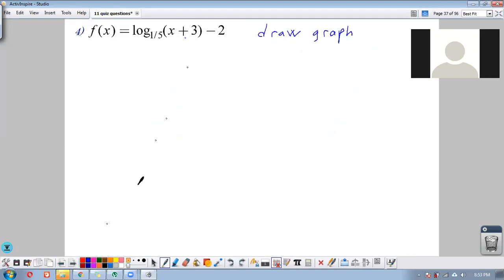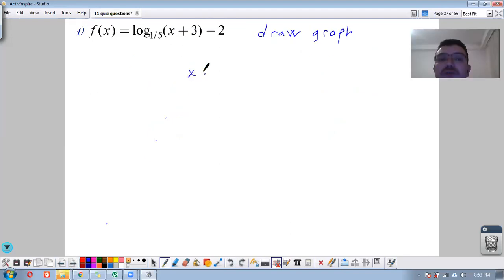So in here, we are also doing the same thing. Here we have denominator 5. Inside the logarithmic part, the x plus 3 part, we should put three numbers: 1 over 5, number 1, and 5.